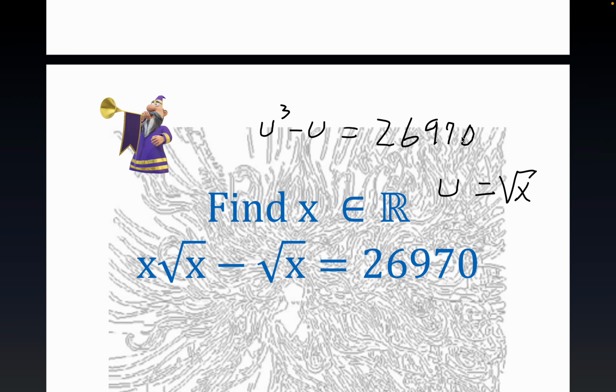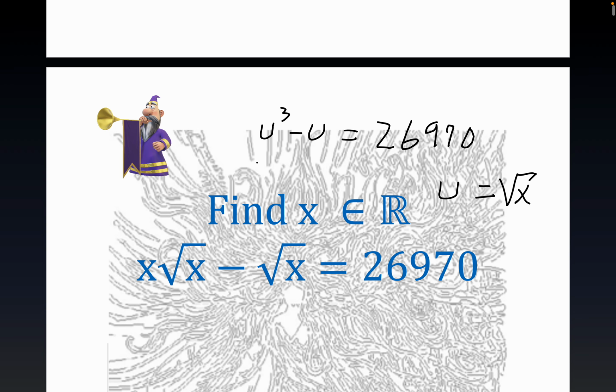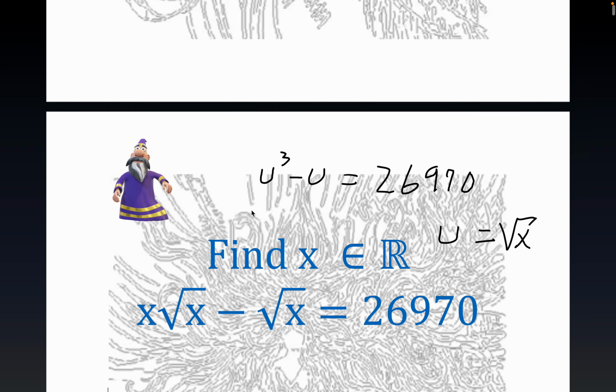You have this large constant out here, and this is just a third degree polynomial, so you could do the rational zero theorem by just rewriting this as u cubed minus u minus 26,970 equals 0, right?